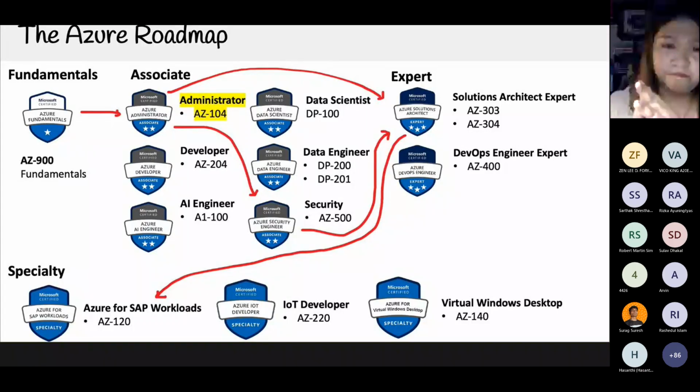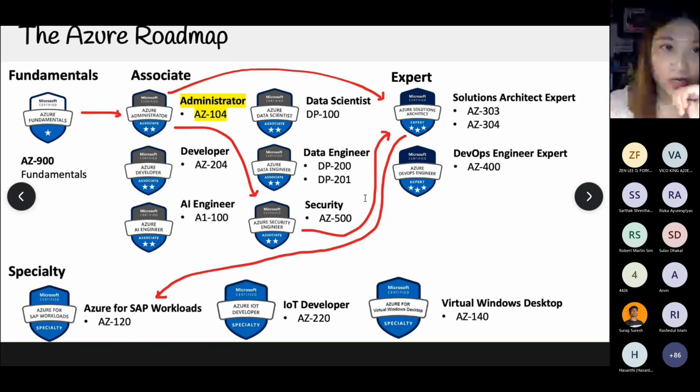GCP, Atlassian. But in my whole experience, I have learned two cloud computing platforms: GCP and Azure. And from what I've experienced, a lot of companies prefer AWS or Azure.